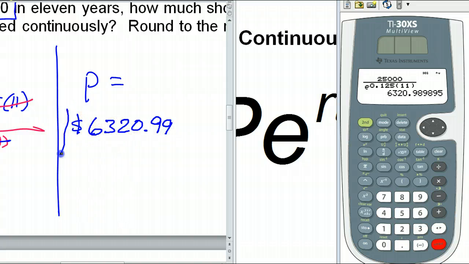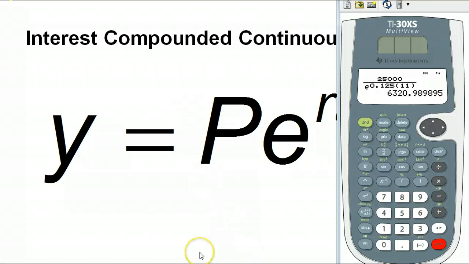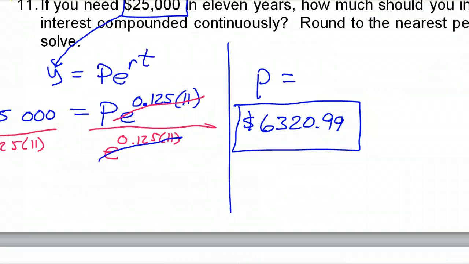That's how much we need now at this particular interest rate if I'm going to have $25,000 in 11 years. Anyway, that's the final answer.